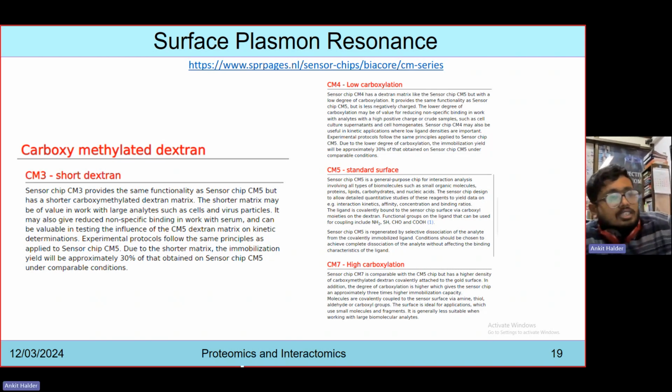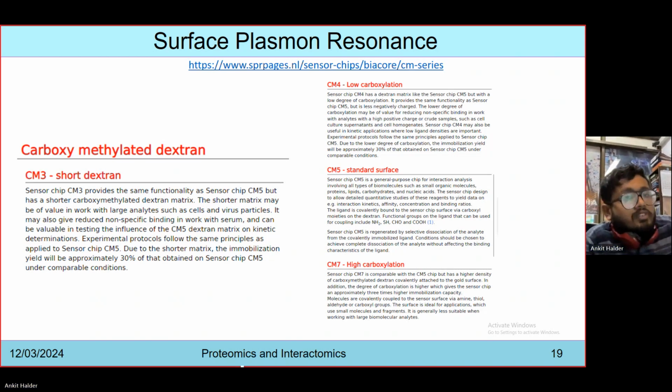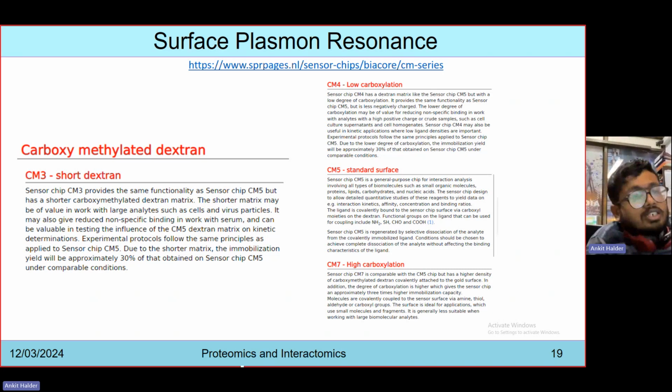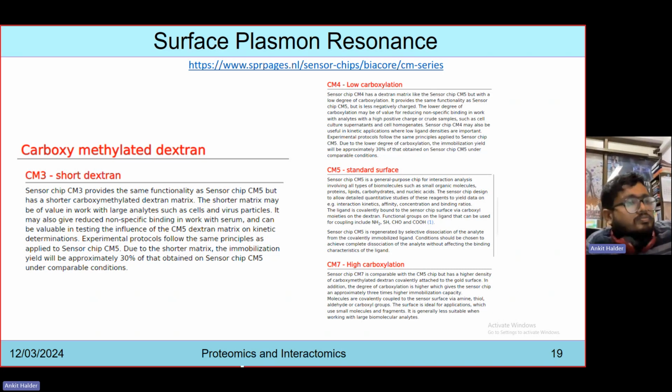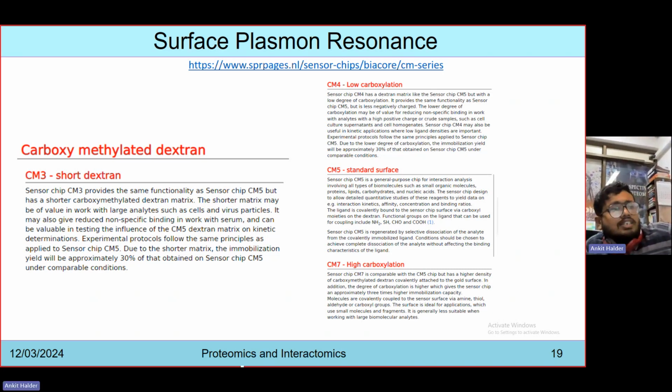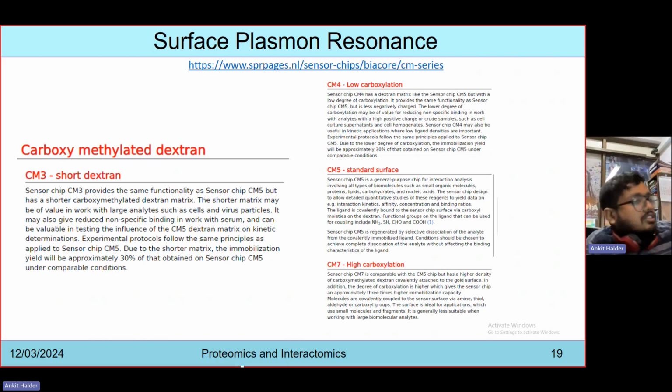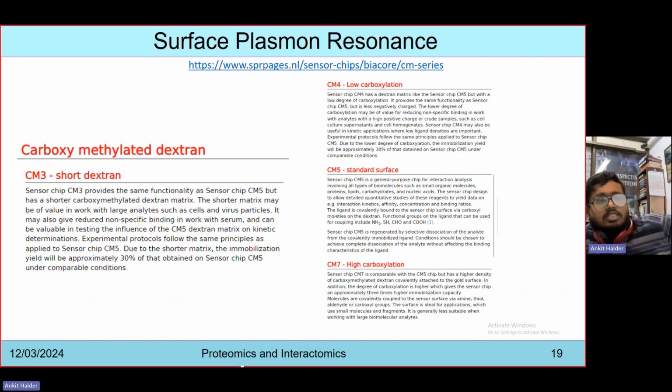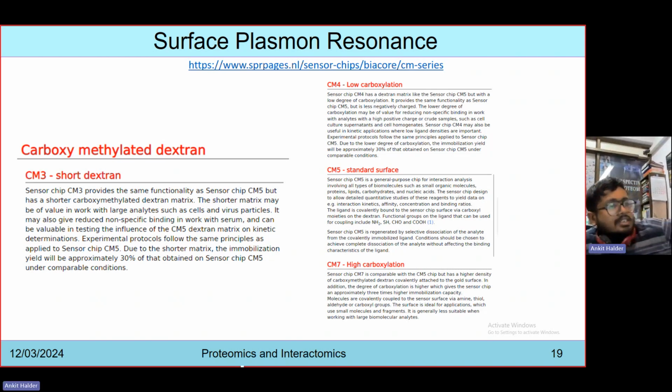CM5, the standard surface sensor chip, is a general purpose chip. It is used for interaction analysis involving all types of biomolecules, such as small organic molecules, proteins, lipids, carbohydrates, and nucleic acids. It is designed to allow detailed quantitative studies, for example of interaction kinetics, affinity, concentration, and binding ratios.